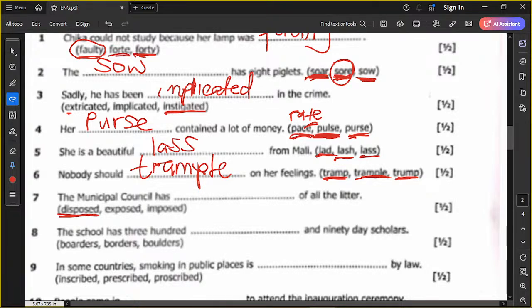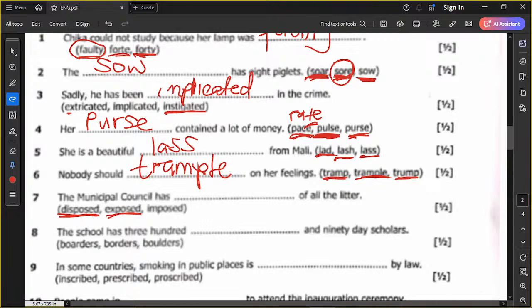Then expose, that is to show. If something was hidden, then you expose, is to show. So if we put expose here, we are saying the municipal council has showed. Now since it's the council, the work of the council is to get rid of the dirt. If the town is dirty, they'll get that dirt and throw it away.